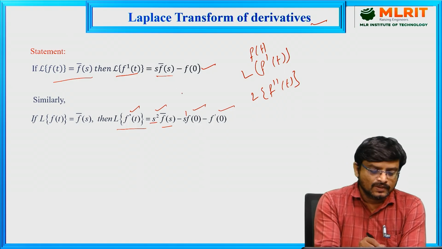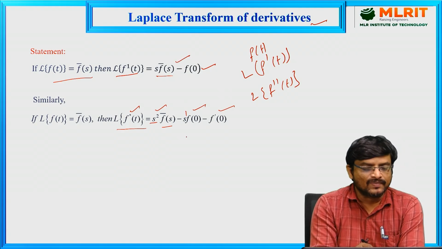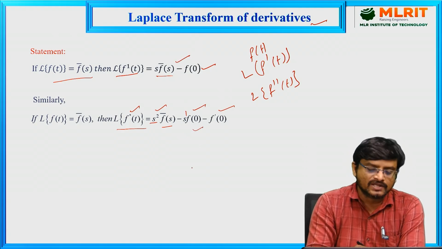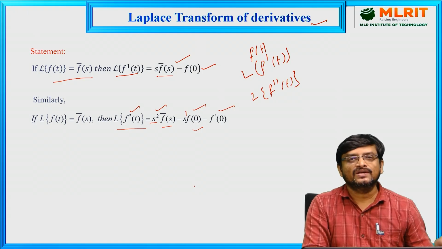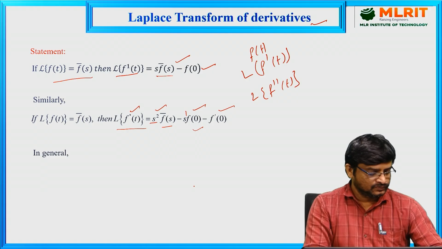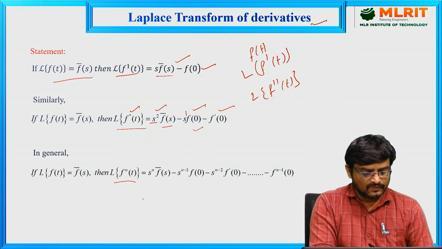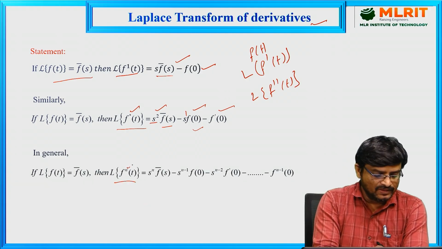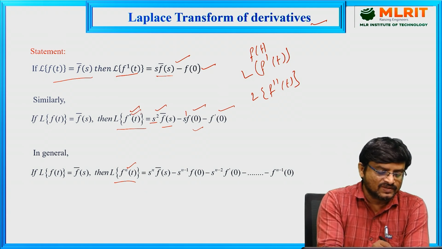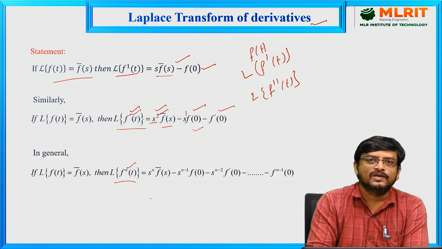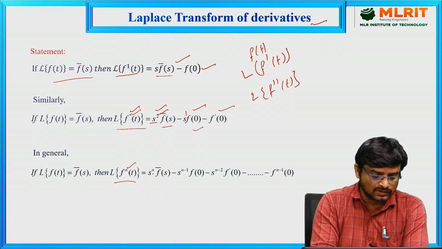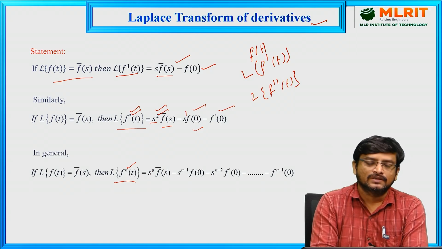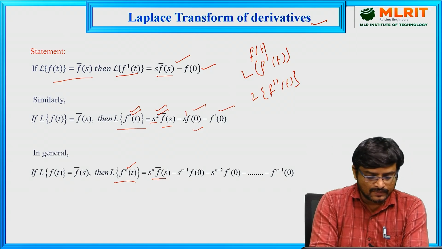Now by analyzing the Laplace transform of f dash of t and f double dash of t, we are going to derive the general formula for the Laplace transform of the nth derivative of f of t. In general, the Laplace transform of the nth derivative of f of t is equal to s power n into f bar of s.